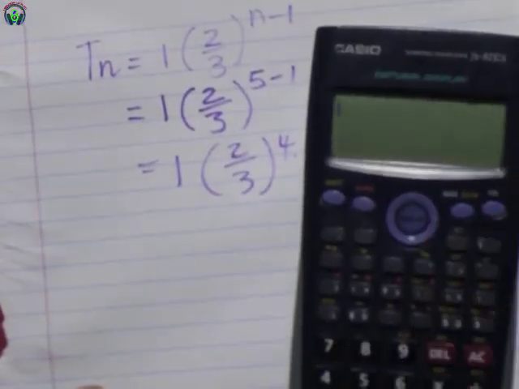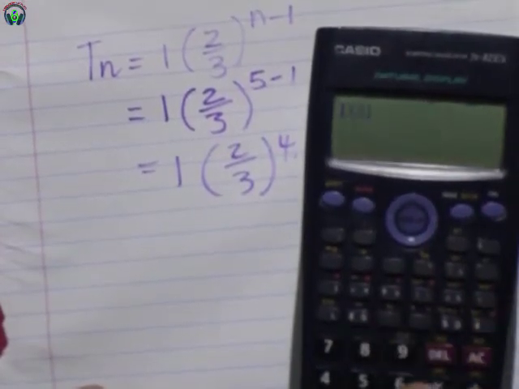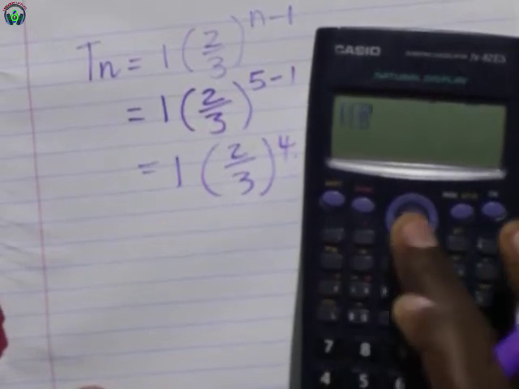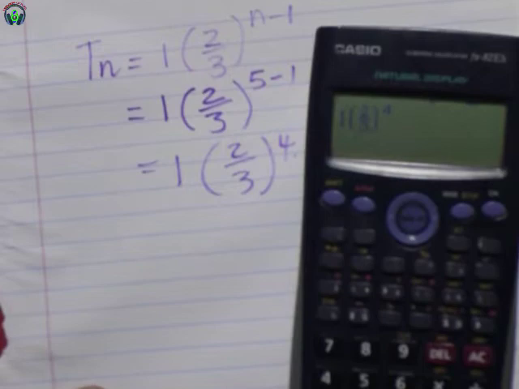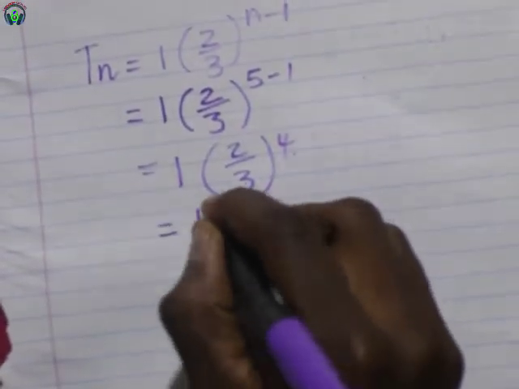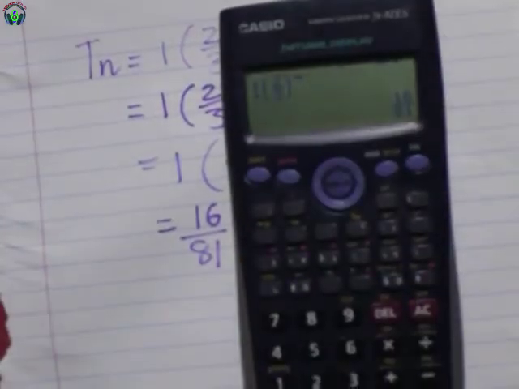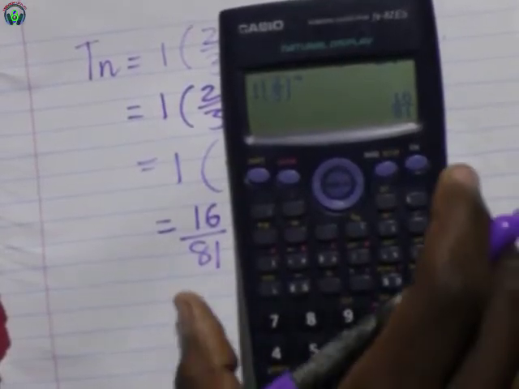We go to our calculator. We type in 1 into 2 over 3 to the power 4. It gives us 16 over 81. This is our term 5.